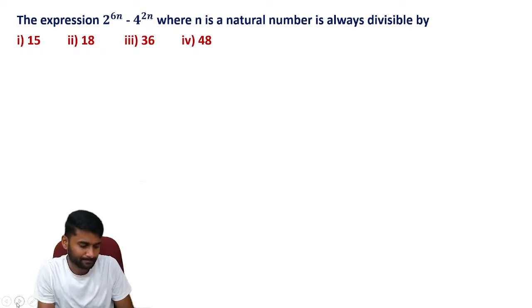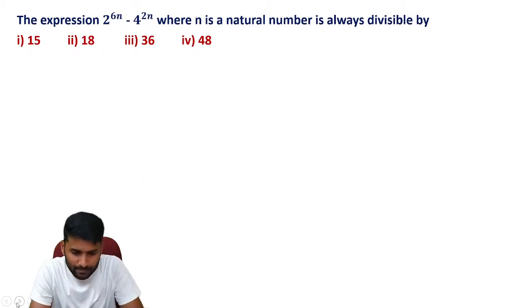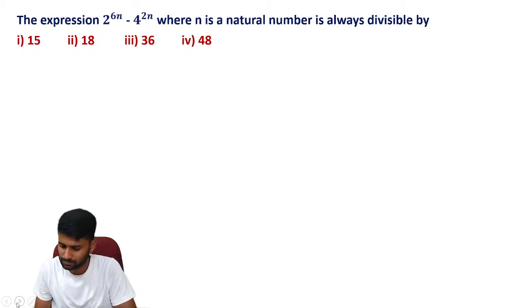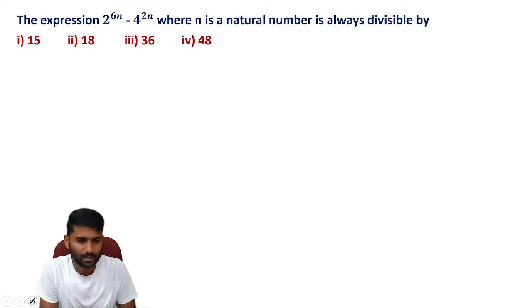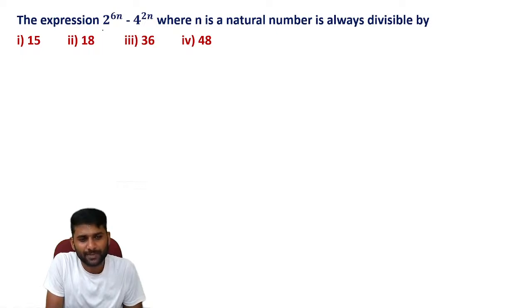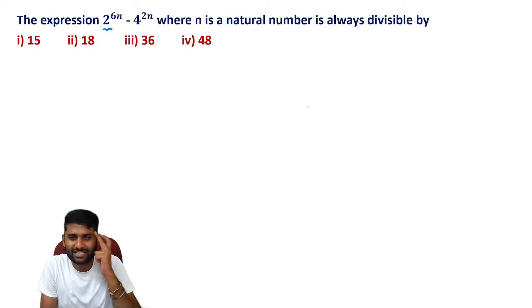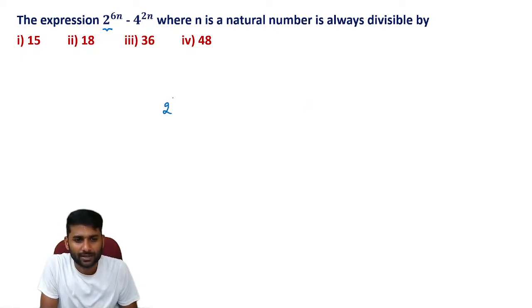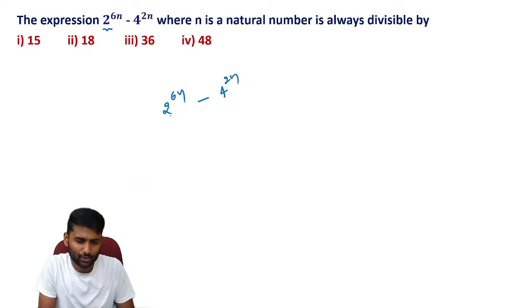Go through this one. Next. The expression 2 power 6n minus 4 power 2n, where n is a natural number, is always divisible by? Let's go through this information.